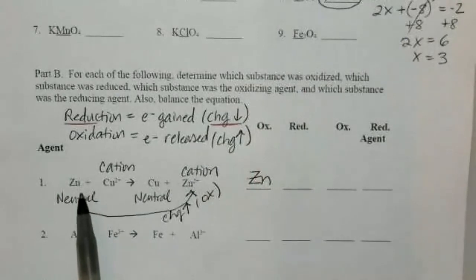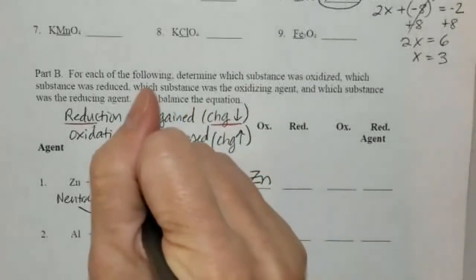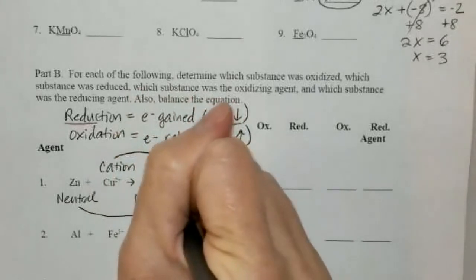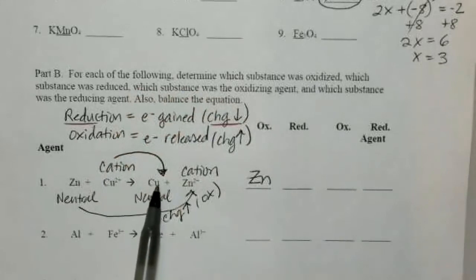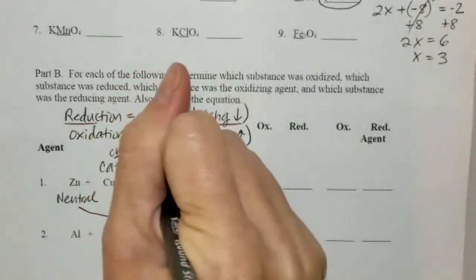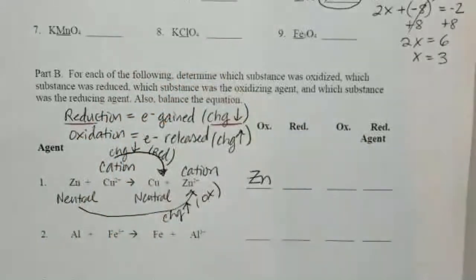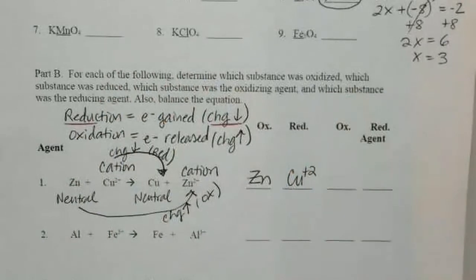It has lost 2 electrons. And we know that, right? For zinc metal to go to a +2, that means it's lost 2 electrons. So what has been reduced? Well, the cation with a +2 became neutral. So it went from a 2 down to a 0. So in this case, the charge has decreased. So that is the reduction step. So the copper +2 was reduced, right?